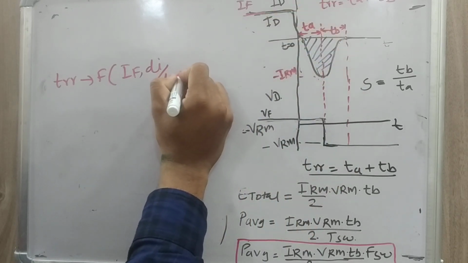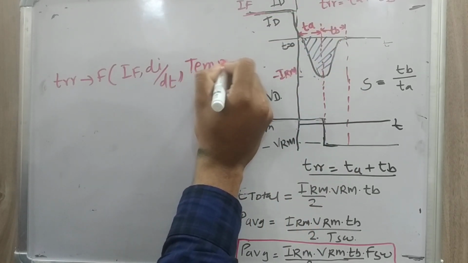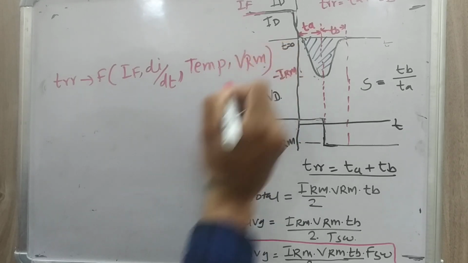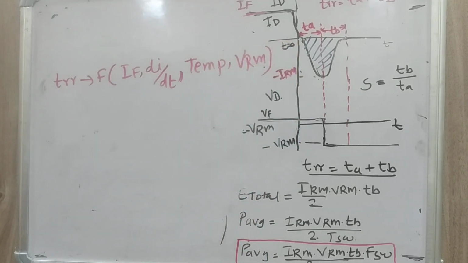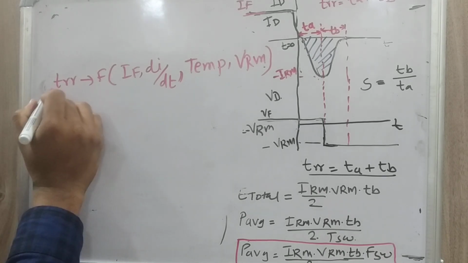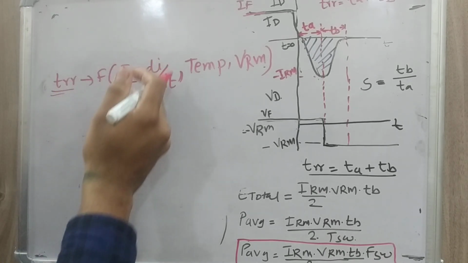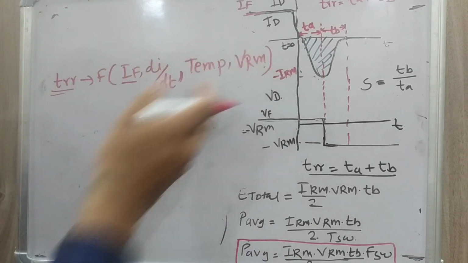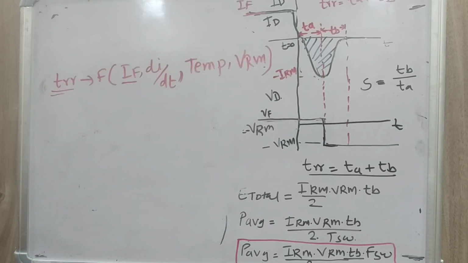Then temperature, then the applied reverse voltage. If you open any diode datasheet, TRR is always mentioned at certain conditions: at a certain IF, di by dt, temperature, VRM. So if you want the TRR data for your specific application conditions, you have to contact the manufacturer, get the TRR or softness factor data, and calculate the average power dissipation. I hope it is clear until now.